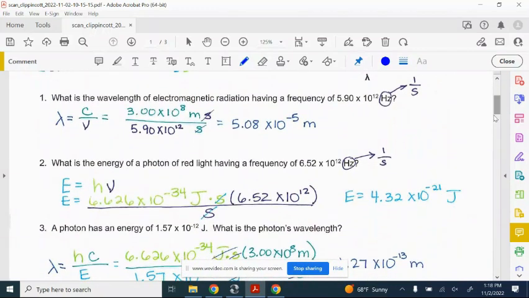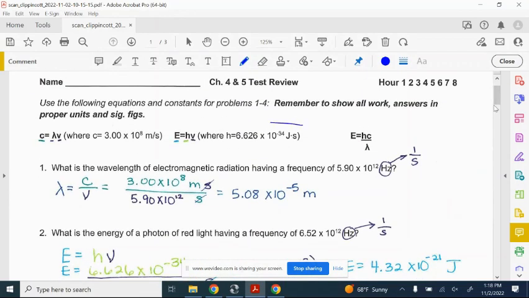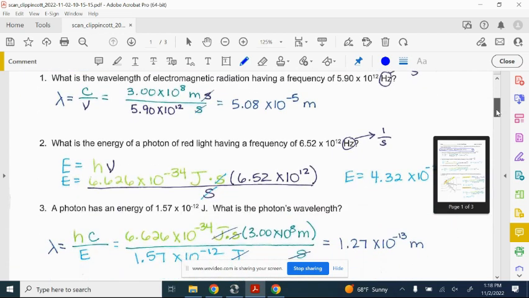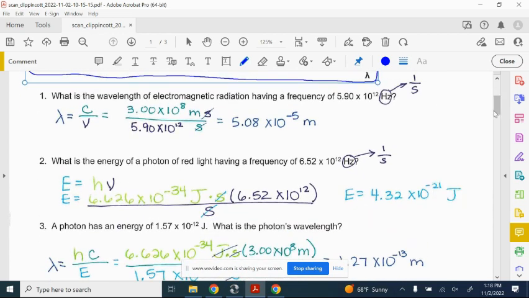Anybody have any issues with any of this? I will be giving you all of this here. This will all be on the test for you. You're also giving us the periodic table and the colored one, right? Yep. So tomorrow you will get a colored periodic table.